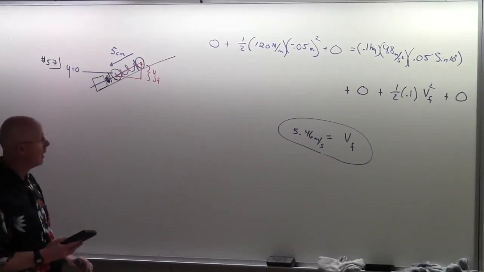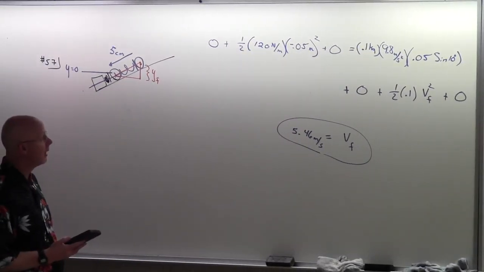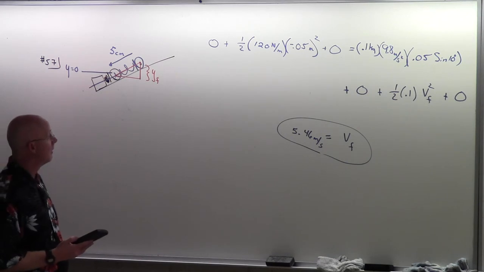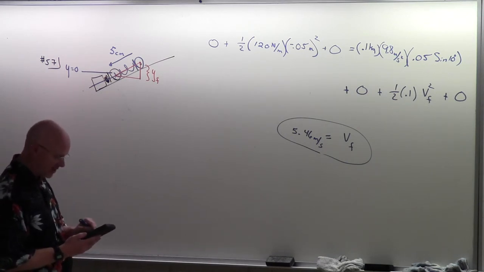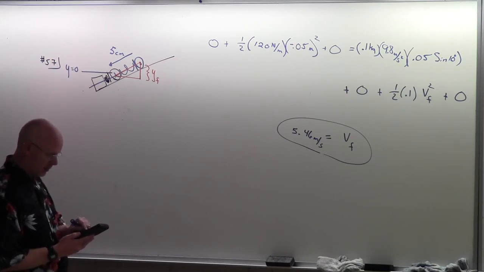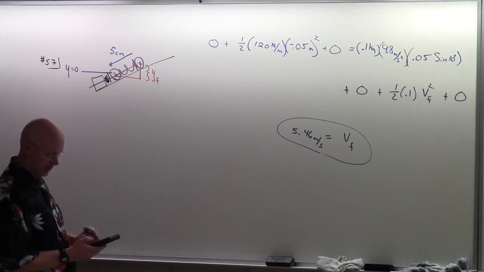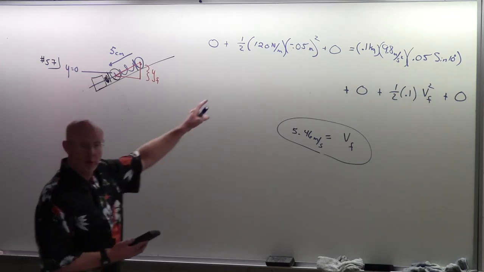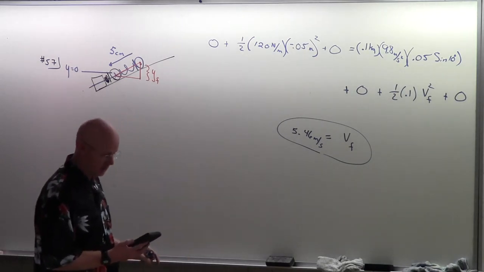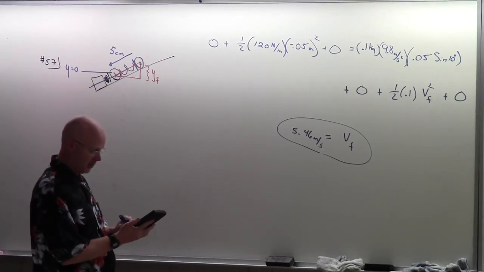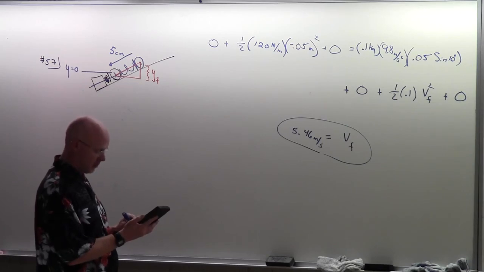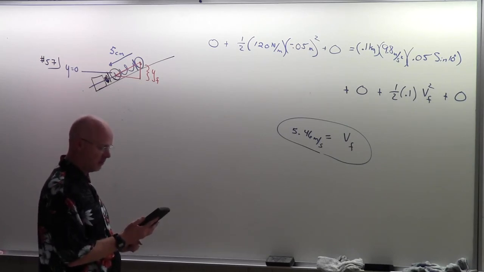And I feel like I hit a wrong number. You said 1.5, isn't it 0.15? Is it on the left side? I think I just said it wrong. Let me scroll up here. Oh, this model doesn't scroll up. But yeah, that's 0.15. 1/2 times 120 times 0.05 squared. 0.15.